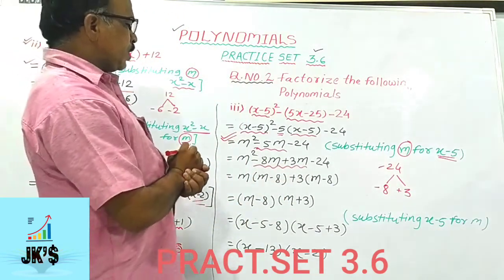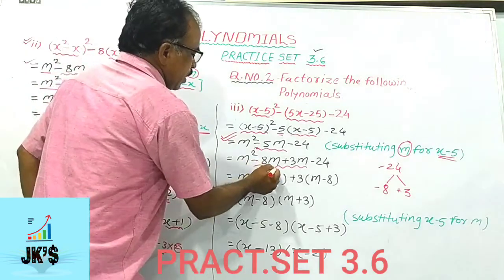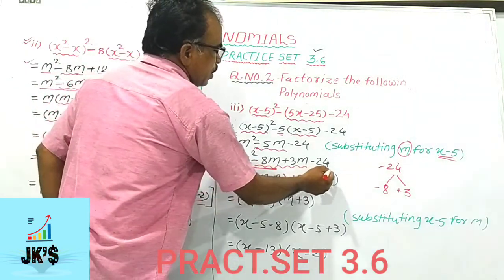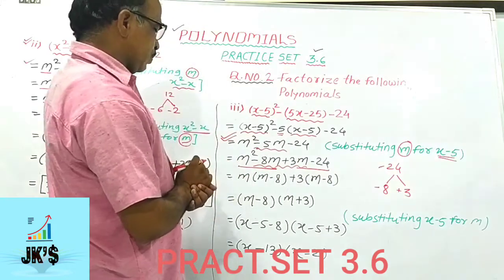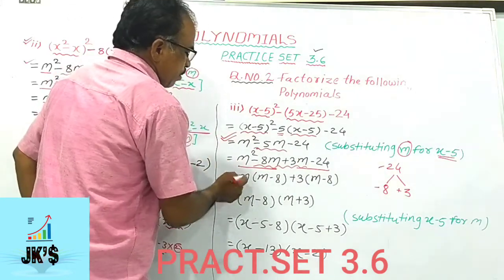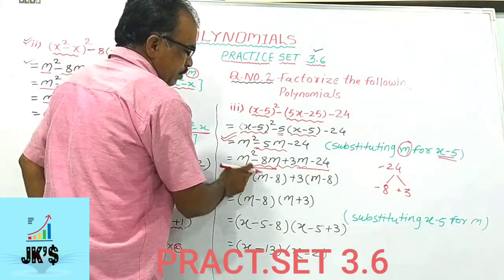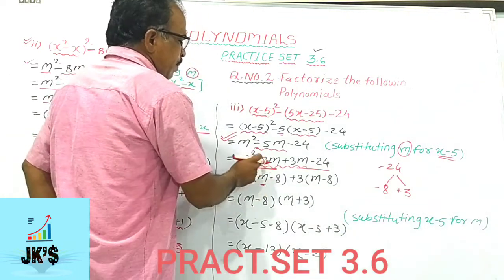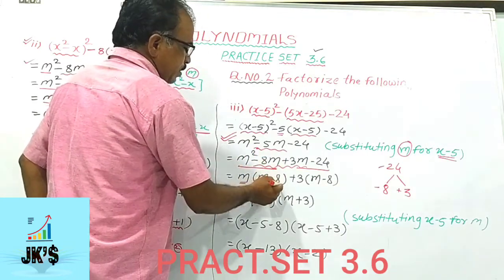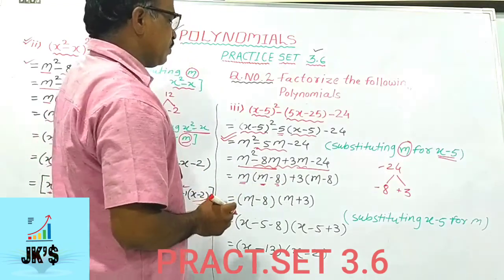Minus 8m plus 3m. So take the group of the first two and the group of the second two. m is taken common from m². From −8m, m is taken, minus 8 is there.